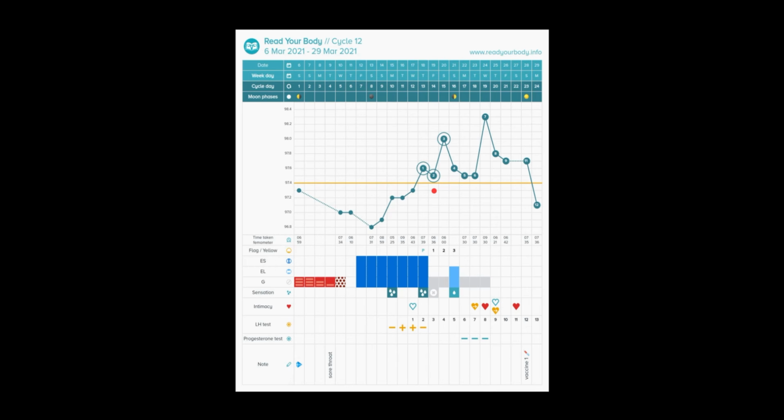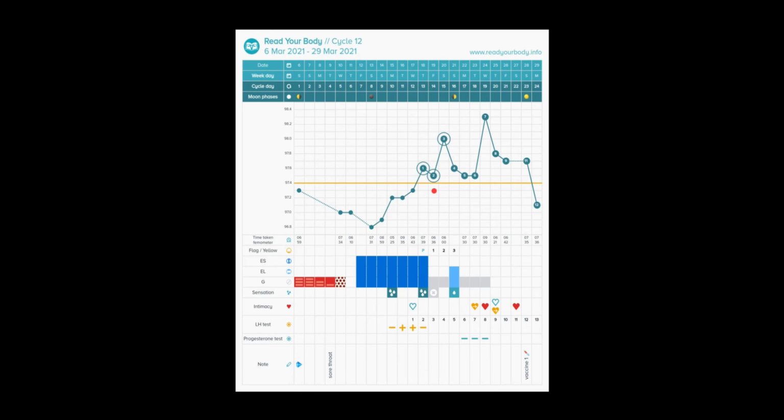And what's really awesome about learning all this is once you know it like the back of your hand, you can go through life with this stash of knowledge that you're using to really understand a lot about your cycle.